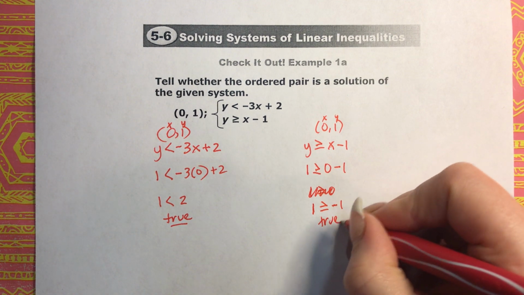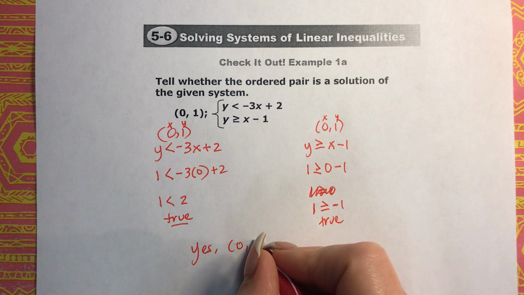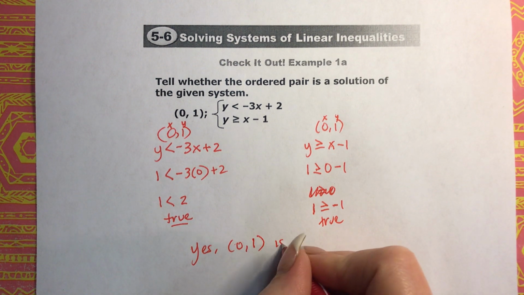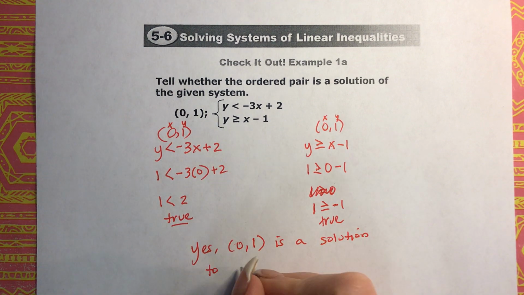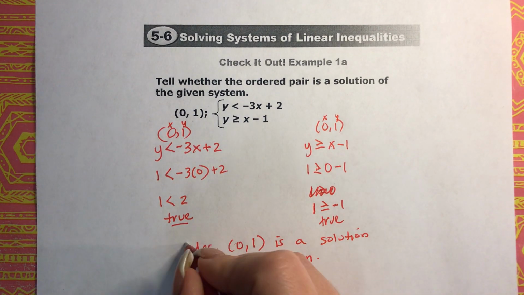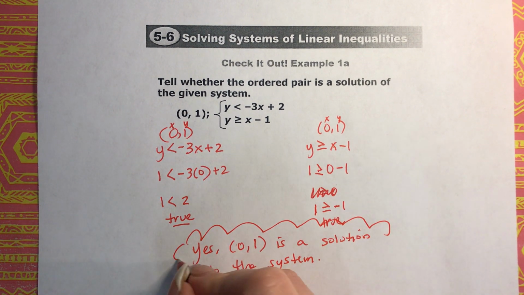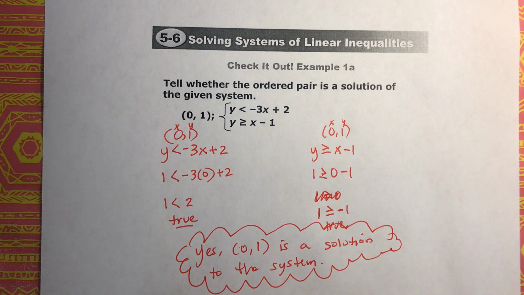Yes, that's a true statement. So I can say yes, I got to answer the question. 0, 1 is a solution to the system. There we go. We showed all the work. We answered the question. Awesome, awesome.